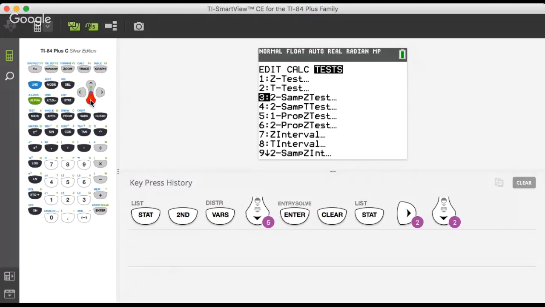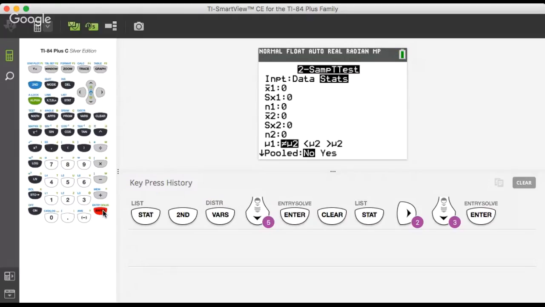So especially the 2 sample stuff, the 2 sample t-test, we could plug in where we have our mean of sample 1, standard deviation of sample 1, and the sample size of 1, and then x bar, standard deviation, and sample size of part 2. We would then put in whether it's equal to, less than, or greater than. We would put not pooled in for these here, and then we would simply plug that in.